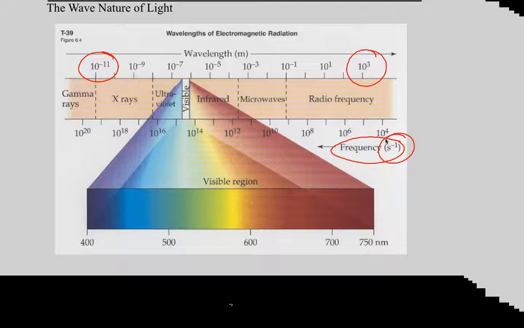So it's events per second. You know the negative exponent moves it to the denominator. So it's events per second. So when we're talking about gamma rays, is this high or low energy? High energy, right? So if it's high energy, what is its wavelength? Long or short? Short. Super high frequency.